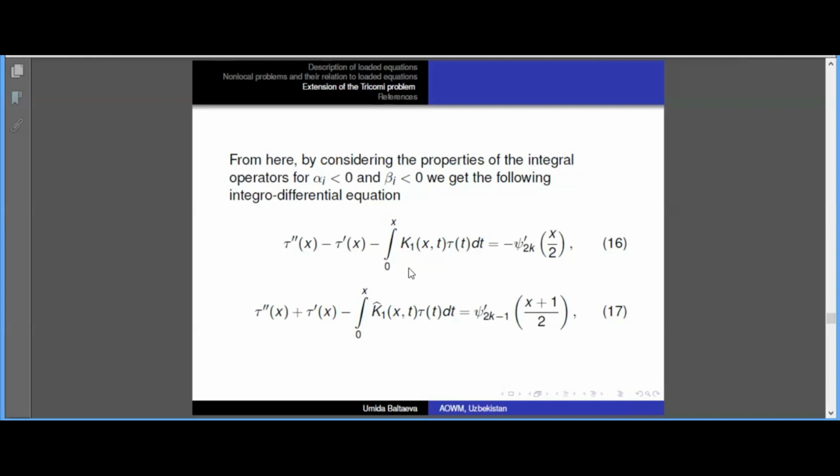If we know tau of x from the system, we can find mu of x.